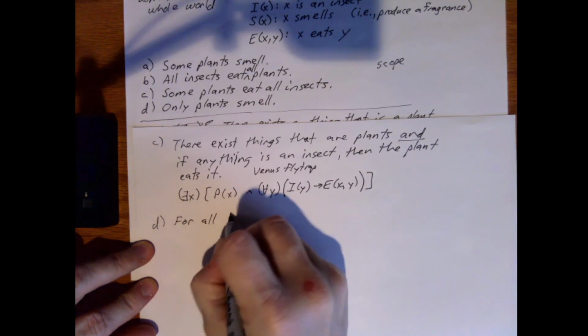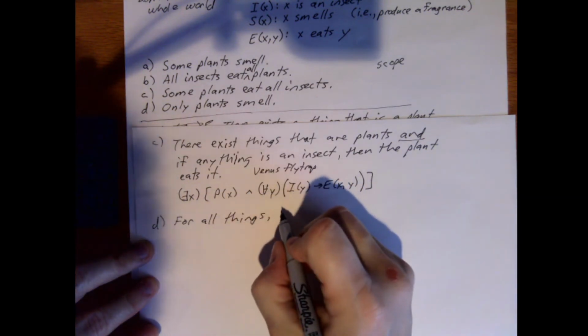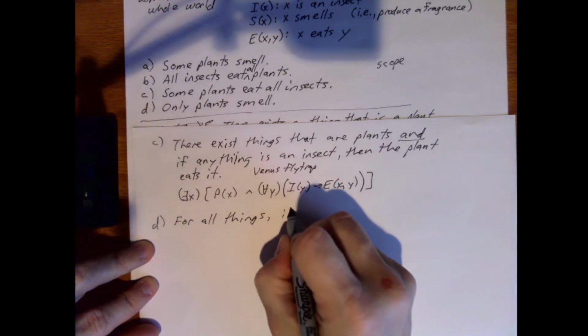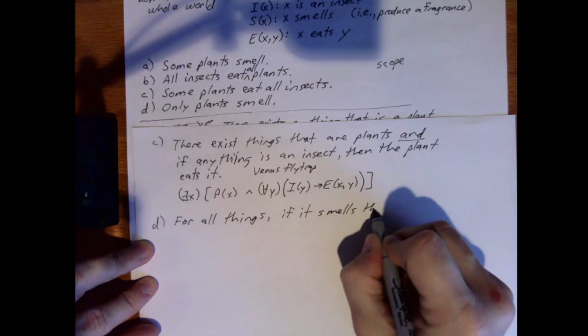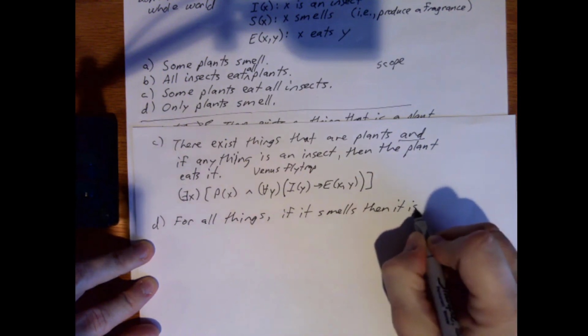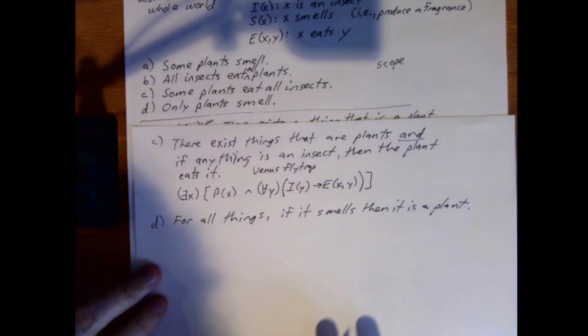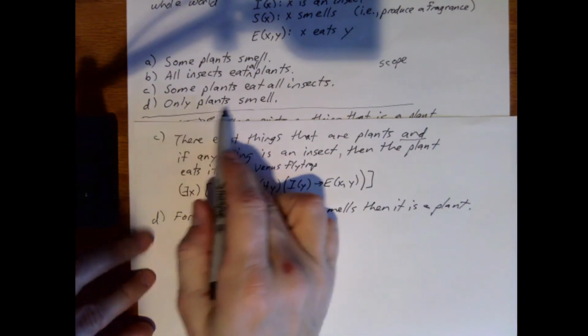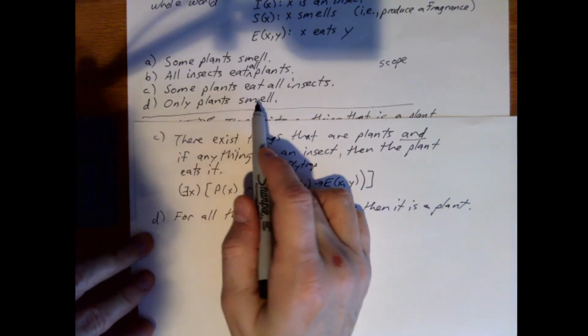And finally D, only plants smell. For all things, if it smells, then it is a plant. It's not a true statement, but we can still represent it logically. Only plants smell. So we're saying nothing else can produce a smell.